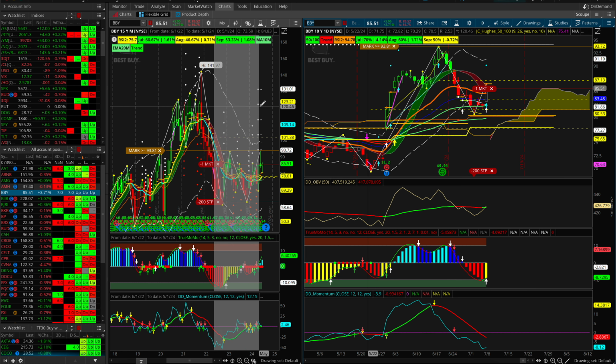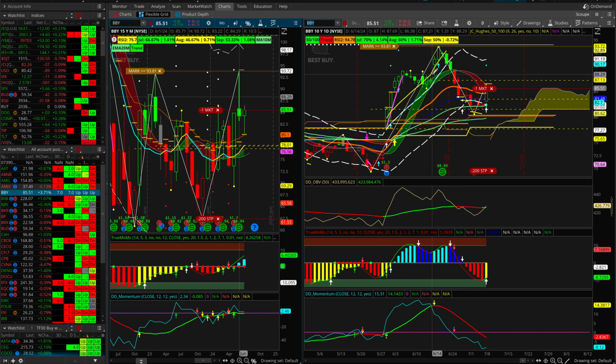But it's similar, I mean, we had an impulse wave and a pullback, and that's what I was buying into. And now we got to turn back green again and go. And our moving averages are all lined up nicely, and all we got to do is get above the ribbon and turn green. And it aligns nicely with the monthly chart.